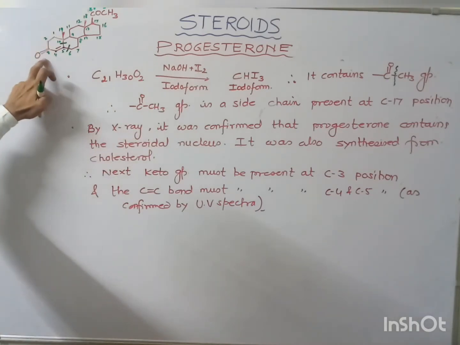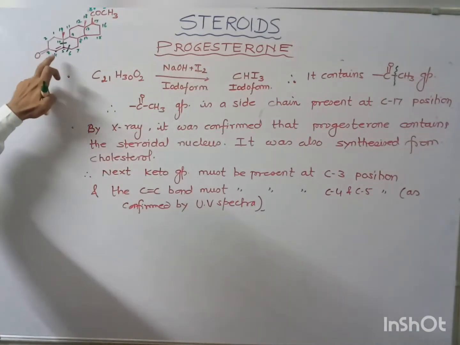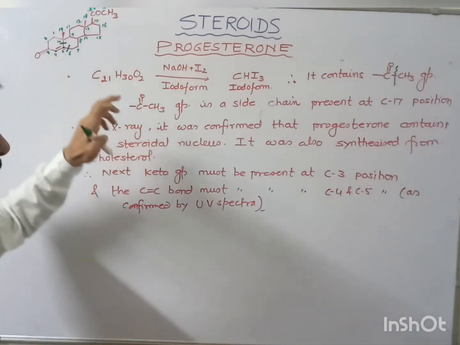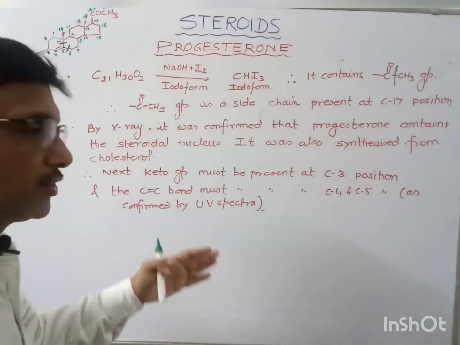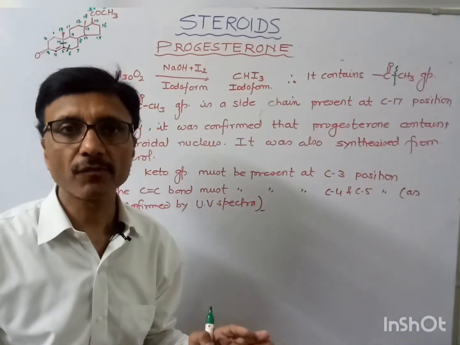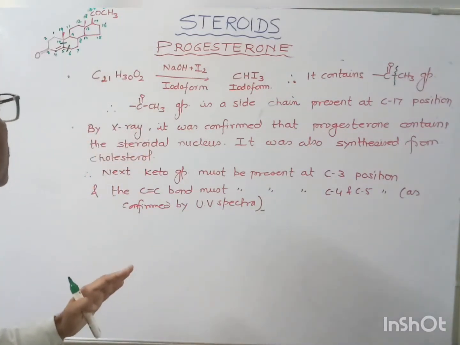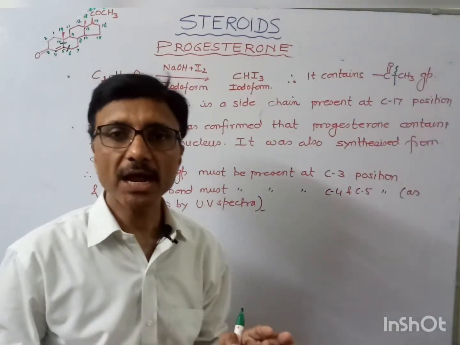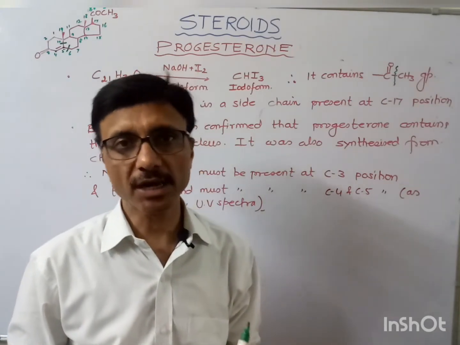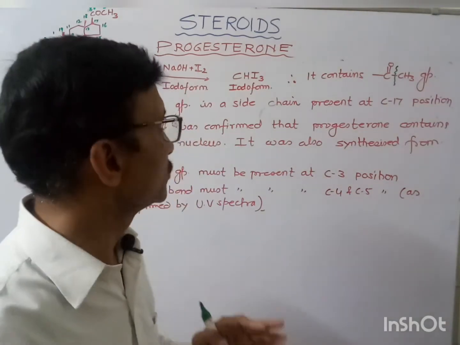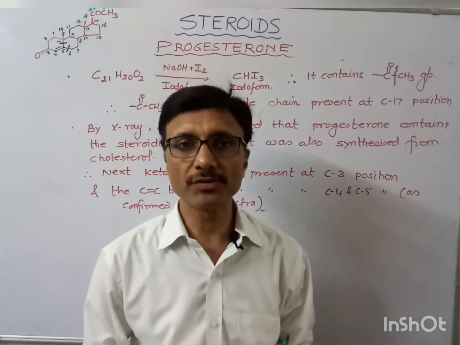At the 3rd position, another keto group. And at the 4th and 5th position, a double bond, because by UV spectra it was confirmed that this progesterone is an alpha beta unsaturated carbonyl compound. Okay, so this is about the structure of progesterone.